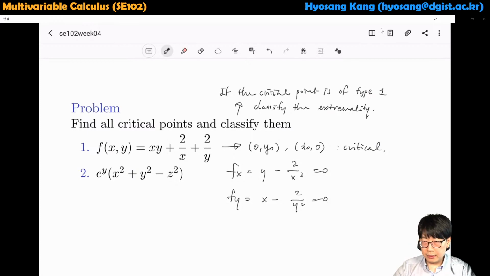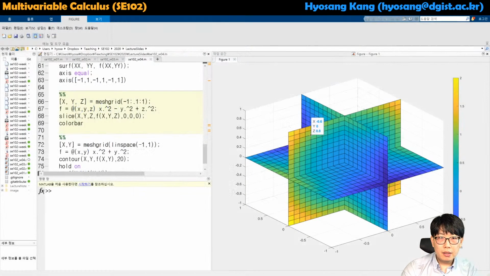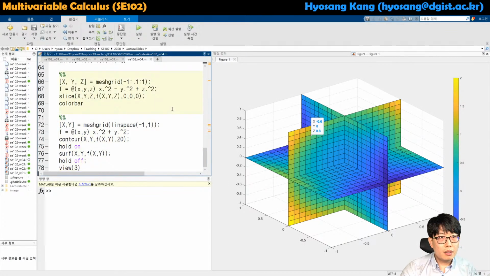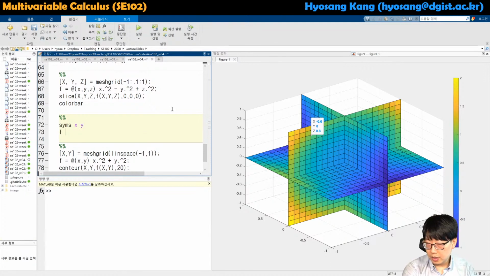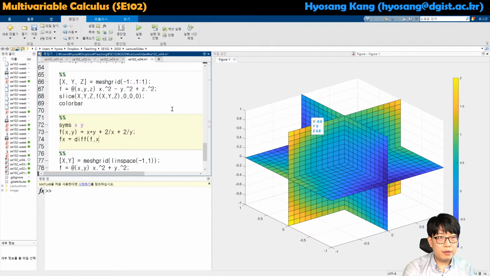Let's see whether MATLAB can do this problem for me. Here I'm going to define symbolic variables x and y. My function f of x y is x times y, 2 over x plus 2 over y, and fx is diff f x, fy is diff f y, and my equations are two things: fx equals 0 and fy equals 0.